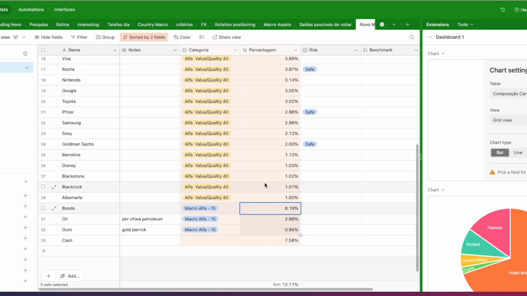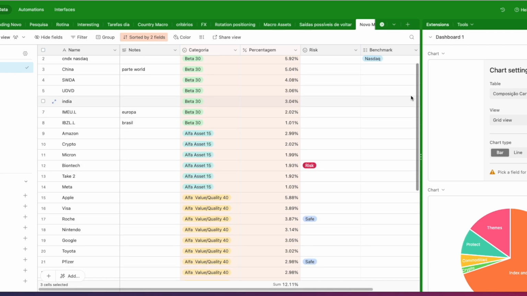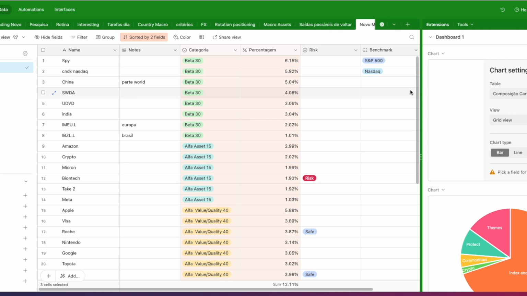The other components that I'm working on in the portfolio: one of them is what I call beta. Of course, it's mostly ETFs. There's some diversification here in terms of geography, like China and India, and I have in my beta at this moment 30%.